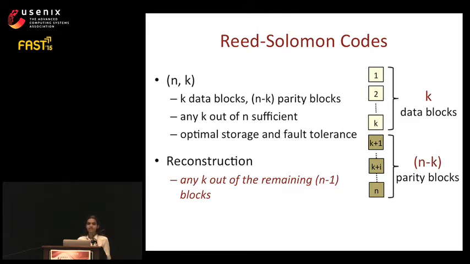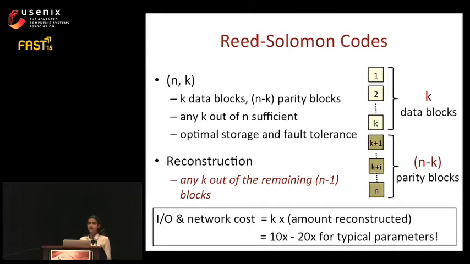This property provides the optimal storage and fault tolerance that is offered by Reed-Solomon codes. For reconstruction of any block, we need to obtain any k out of the remaining n minus 1 blocks. So the I/O and network cost involved is k times the amount of data being reconstructed. For typical parameters, this is between 10 to 20x.